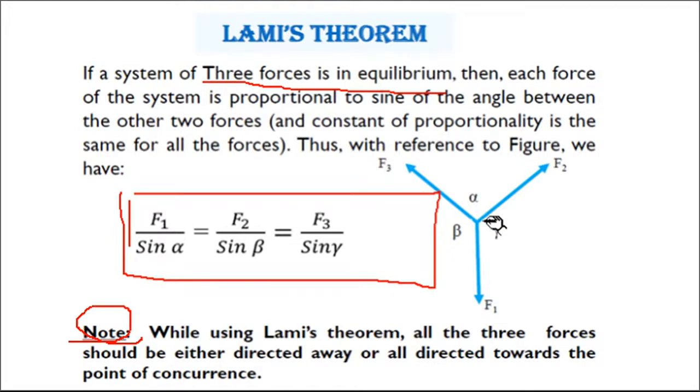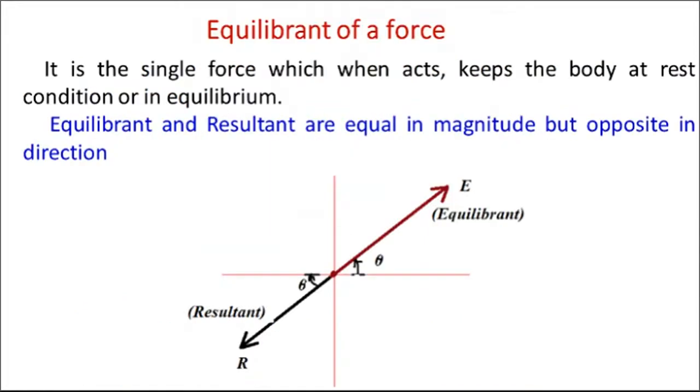It is applicable only for three forces, and forces must be acting away from the origin. If any force is a push, you can make it a pull. While using Lami's theorem, all three forces should be either directed away from or all directed toward the point of concurrence. Okay, that is the requirement.